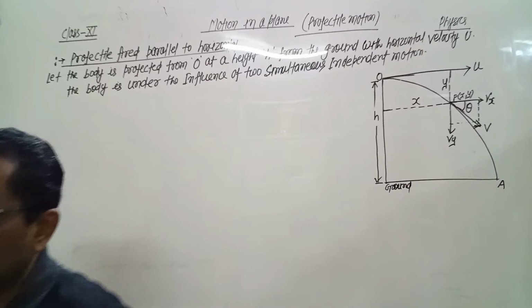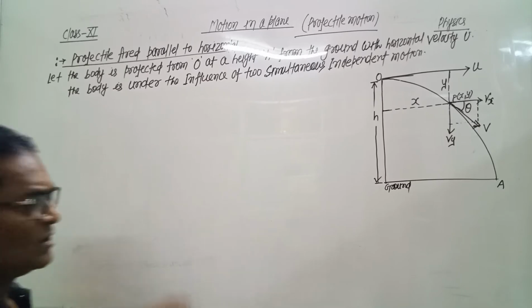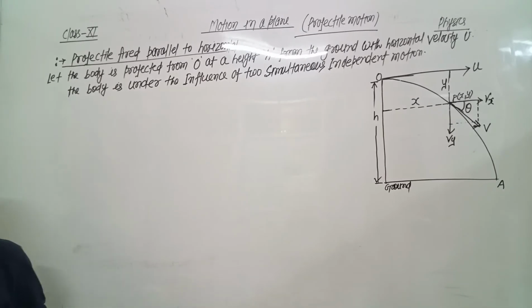So the body is projected horizontally with velocity u at a height h from the ground from point O, and the body is under the influence of two simultaneous independent motions.